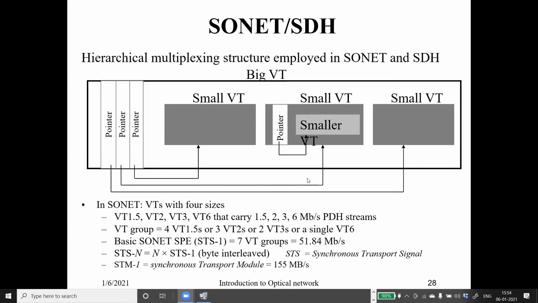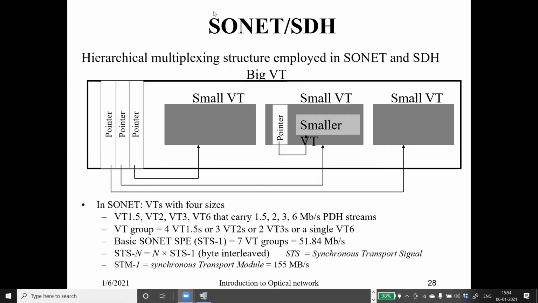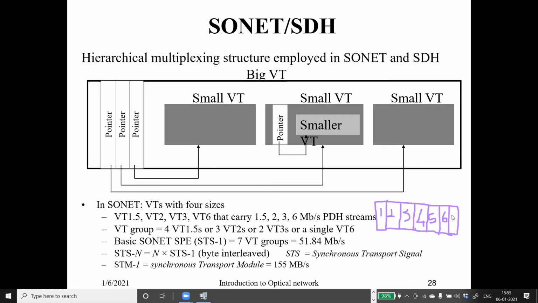Okay. So let's see how we will be placing these. So this is how your one frame could be divided into 7 virtual tributaries, and each tributary will carry one data rate, one of these 4, that is 1.5, 2, 3 and 6.